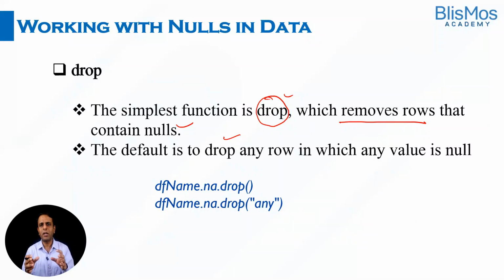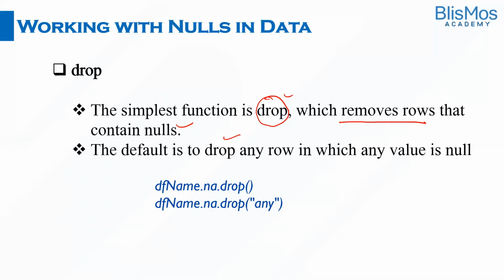If you are okay to lose the data of other columns, even though some of the columns have null values, then you can go ahead and use drop. But if you are not okay to lose the data of other columns while one of the columns is null, then you shouldn't be using drop, because drop drops all the values in a record even though one of the values is null. So use drop with caution. Drop removes rows that contain null values.